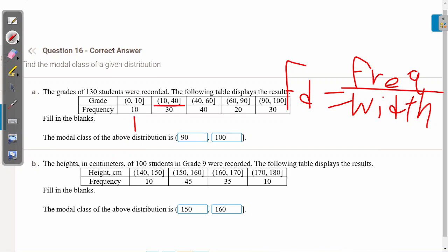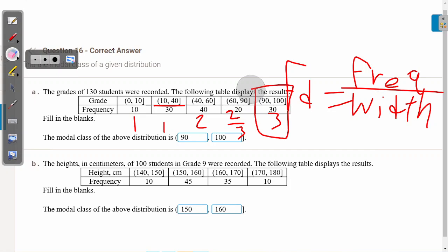So 30 over 30 is 1. Width here is 60 minus 40, 20. 40 over 20 is 2. Here the width is 30 and the frequency is 20, so 20 over 30, which is 2 over 3. And the last one, 30 over 10, which is 3. So the last one has the biggest frequency density, so this one's the answer. It's 90, 100.